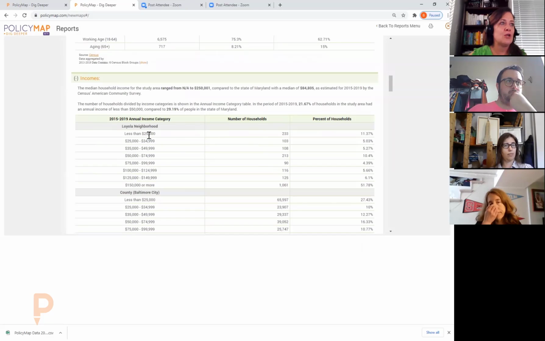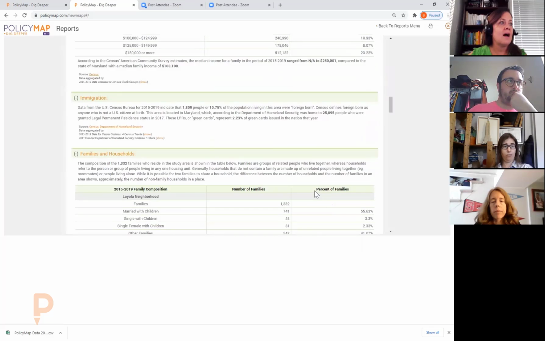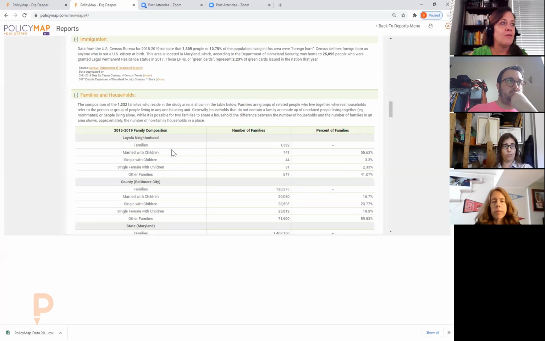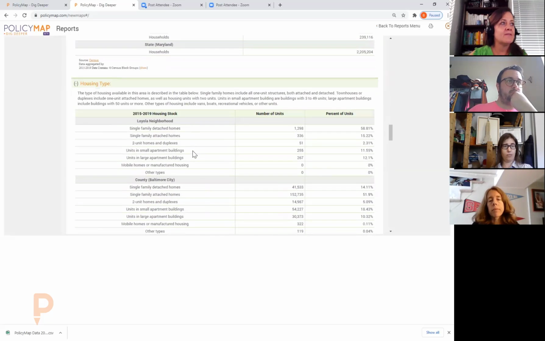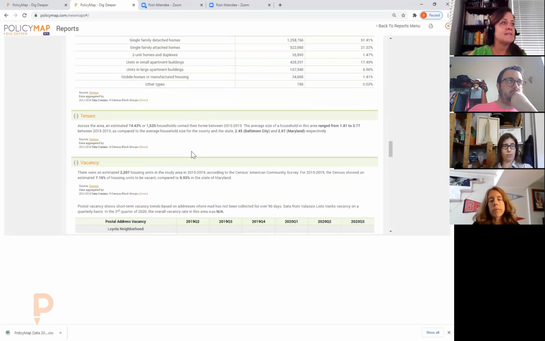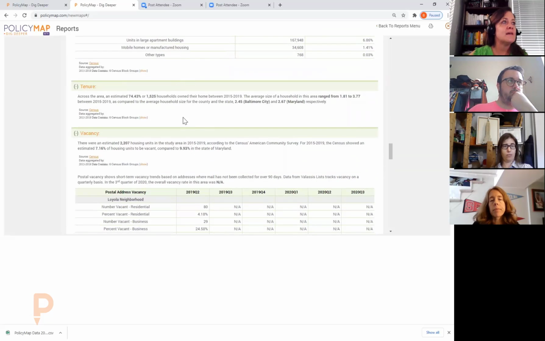It's going to give you a breakdown and tell you that over 50% of the people in this neighborhood have an annual income over $150,000. It's going to tell you that over 50% of the people within this neighborhood are married with children. And then it'll tell you data about the housing types, the tenure of the homes.